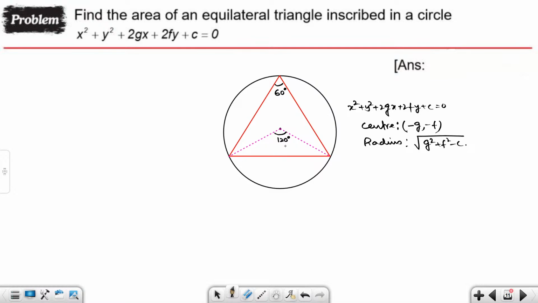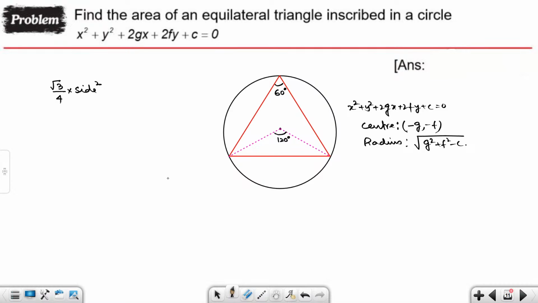Now, remember that if you want to find out the area of the equilateral triangle, I will use the formula which we have known from very childhood, that the area of an equilateral triangle is root 3 over 4 into side square. So the moment you know the side, the question is over, right?